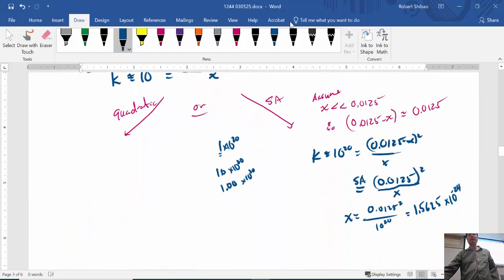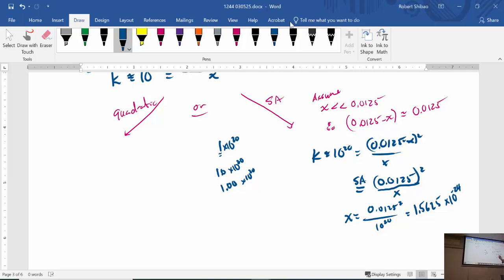But there is a benefit if the simplifying assumption works. Now the simplifying assumption works with larger K values, greater than 1,000 or less than 1/1,000, something like that. But regardless, I try for everything because it doesn't take that much time.